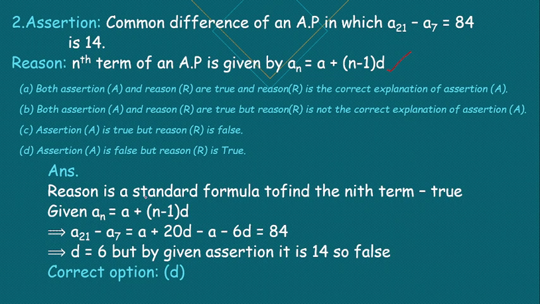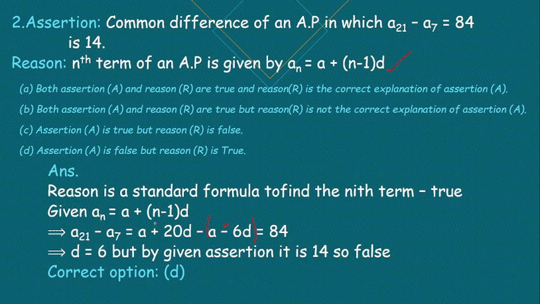Now go for the assertion. Just a21 minus a7. a21 is nothing but a plus 20d, that is 21 minus 1 into d, so 20d, minus a7, which is a plus 6d. When you subtract it, you will open the bracket and both the terms will become negative.